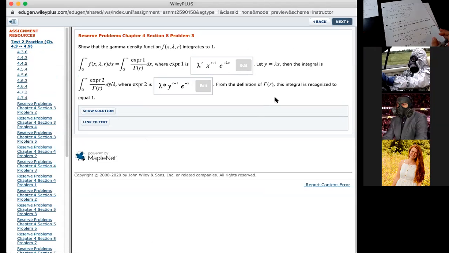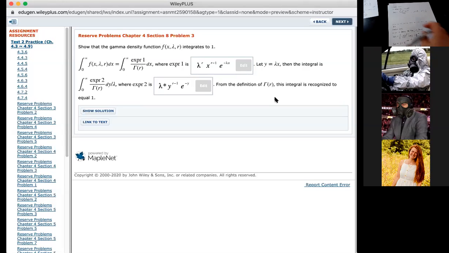I mean, any non-negative real number. So the gamma distribution is more general than the Erlang distribution. Erlang distribution and gamma distribution are pretty much the same, but the meaning of the random variable is different. In the gamma distribution r can be any non-negative real number, but in the Erlang distribution r should be a natural number.